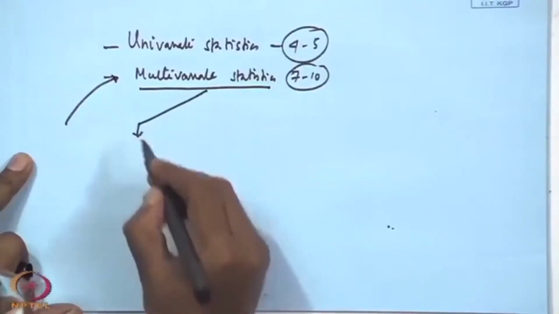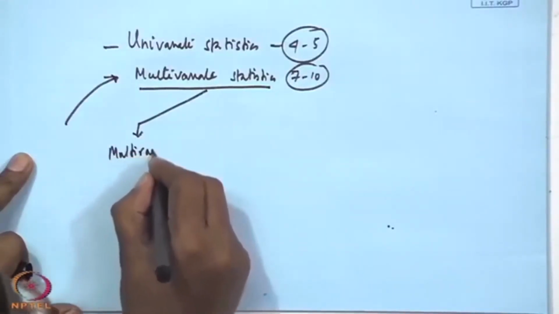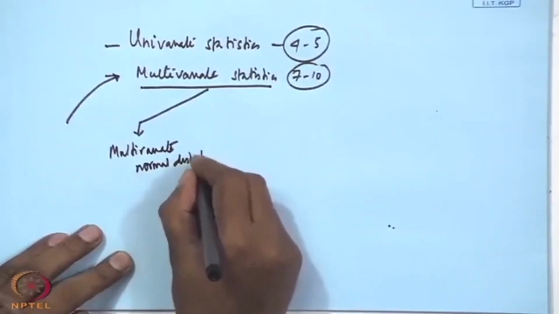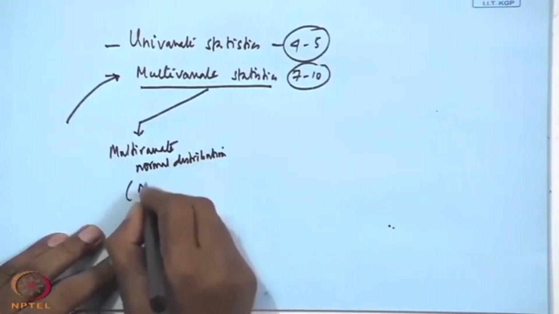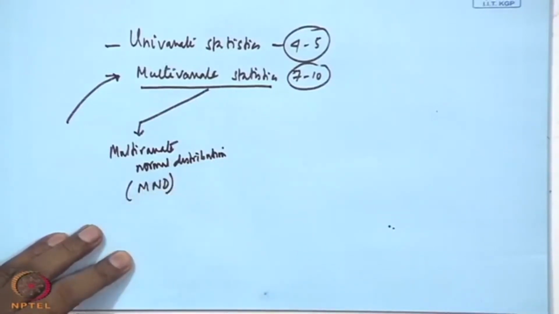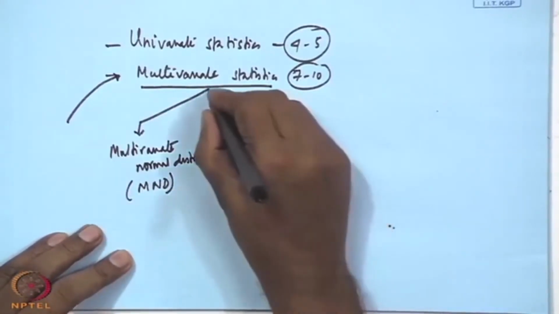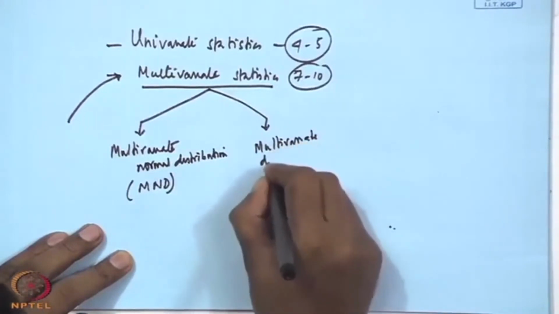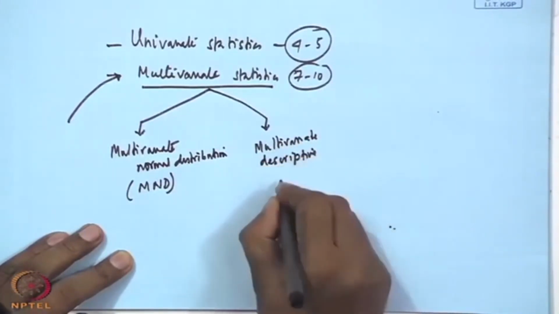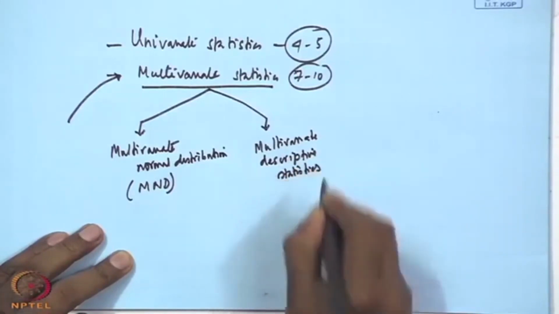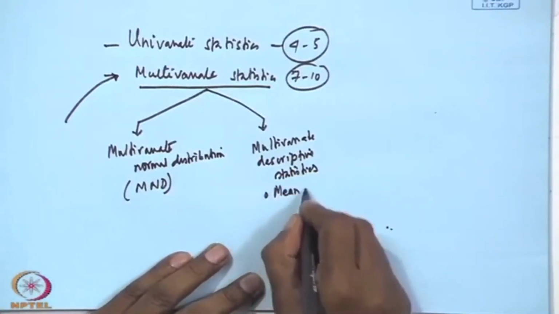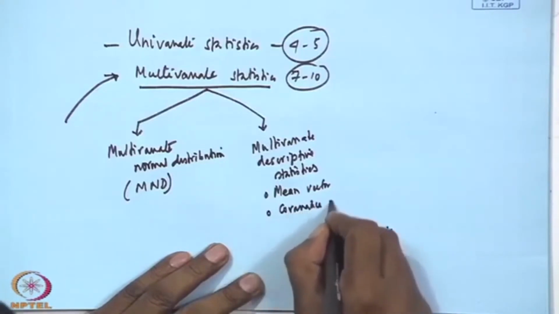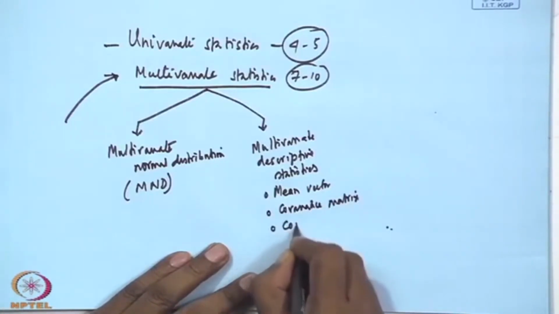Under multivariate statistics, there will be the multivariate normal distribution, which we will denote as MND, followed by multivariate descriptive statistics, which covers primarily the mean vector, covariance matrix, and correlation matrix.